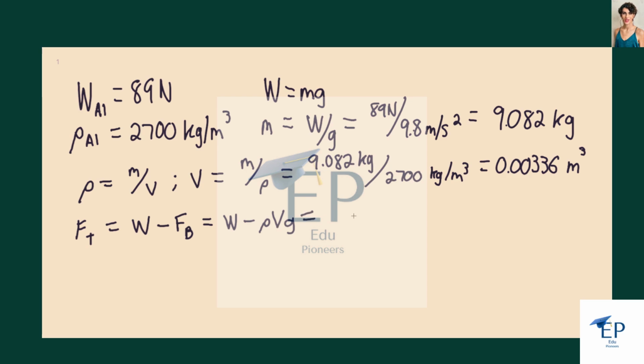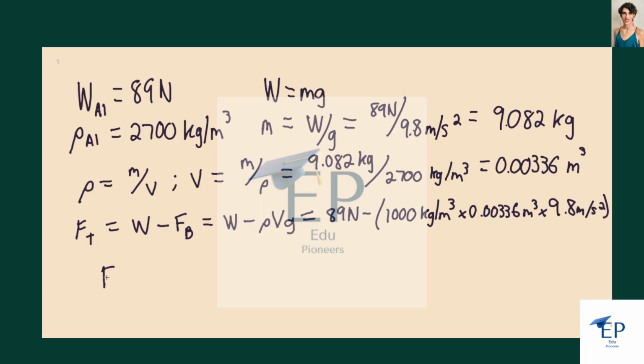Plugging in for our constants, we have 89 newtons, and then minus density of water is going to be 1,000 kilograms per meter cubed times the volume that is displaced, 0.00336 meters cubed, times gravity, acceleration due to gravity, 9.8 meters per second squared.